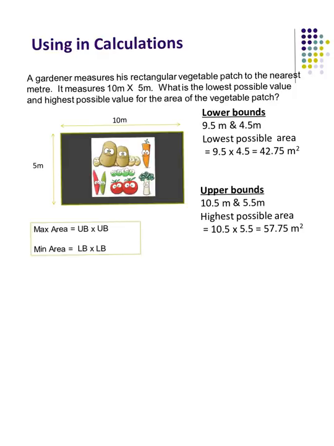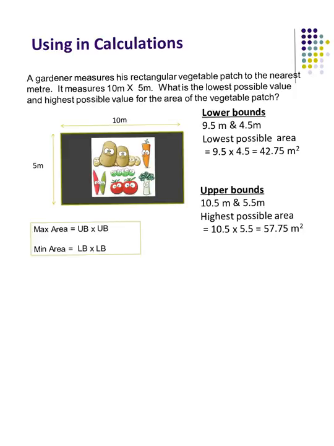So in this example, we've got a gardener. He measures his rectangular vegetable patch to the nearest metre, the nearest whole number. It measures 10 by 5 metres. What's the lowest possible value and the highest possible value for the area of the vegetable patch?